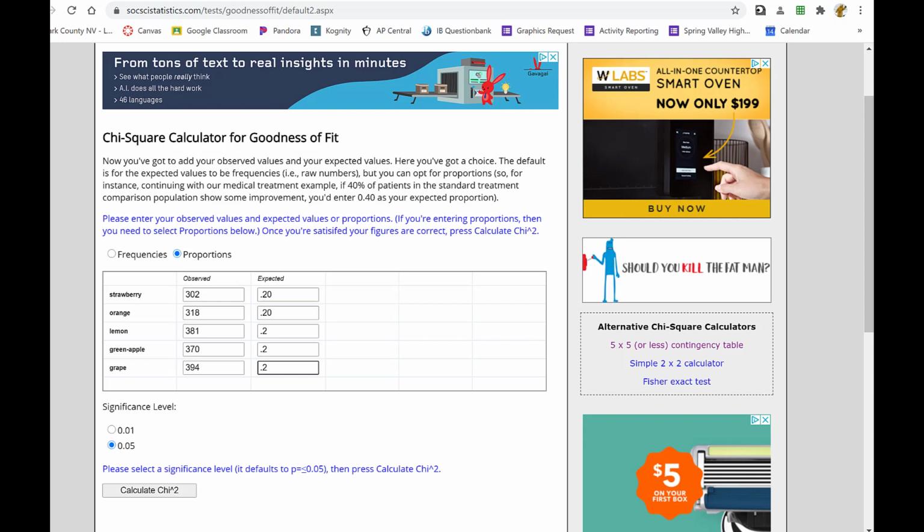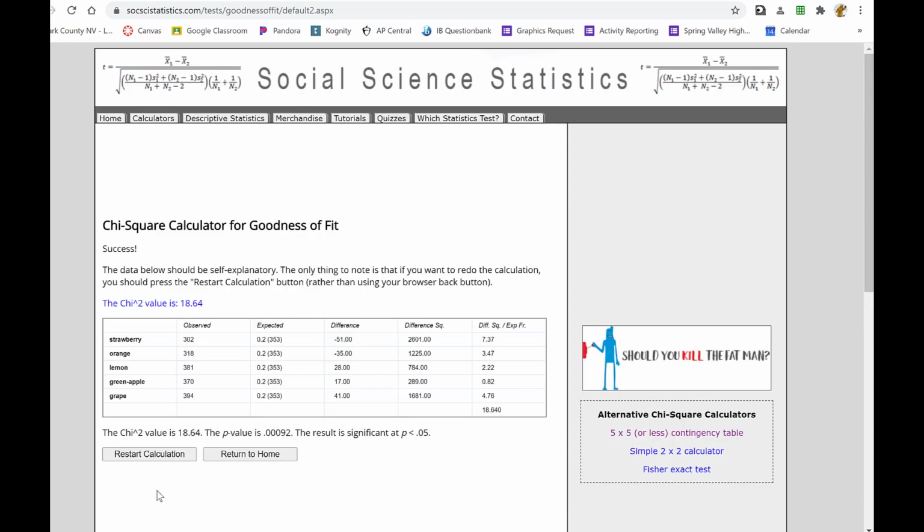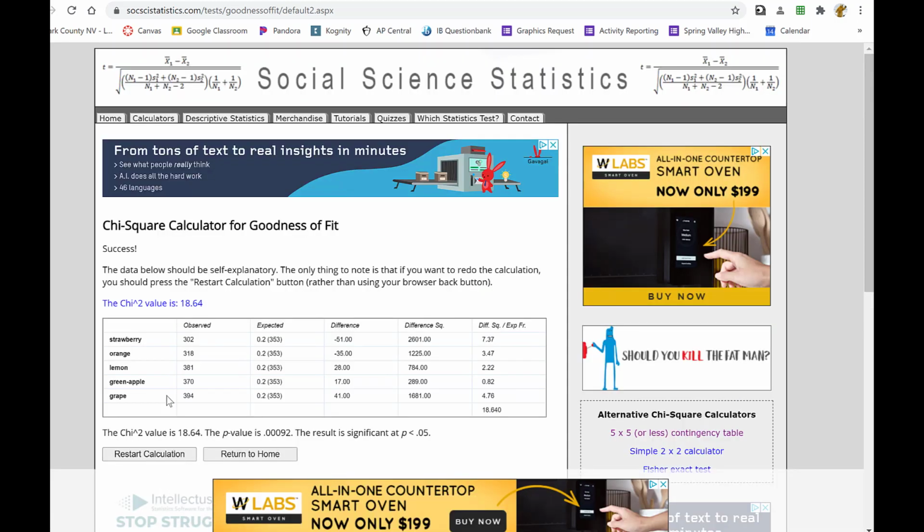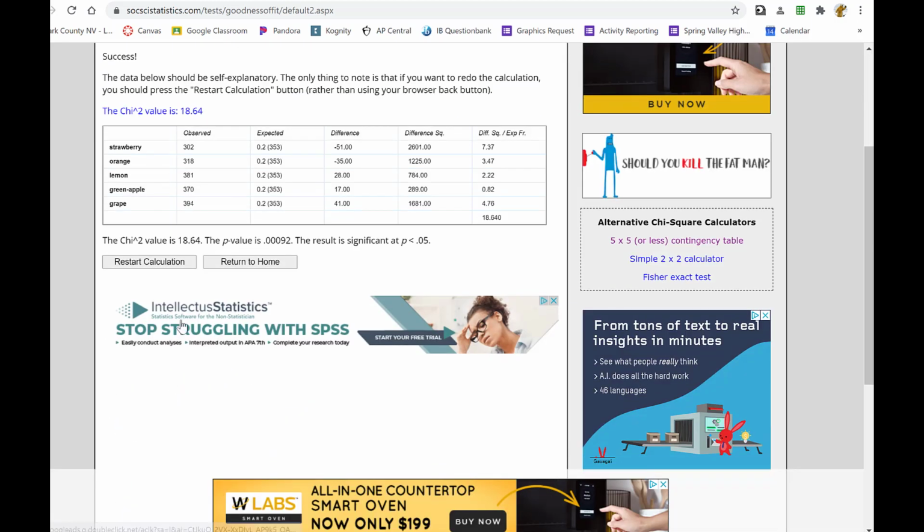And we can state our significance level as 0.05. You'll notice that 0.2 versus 0.20 is not going to make a difference. Click on the chi-squared test statistic and we will get our results. So we can see that it gives us the observed and it even gives us the expected counts right there. It shows us the difference, the difference squared, and the difference squared divided by the expected counts.